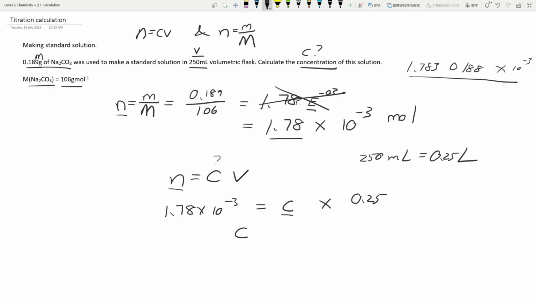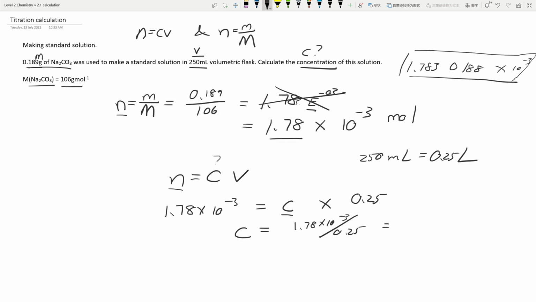So how do we calculate C? So make C the subject. That means 1.78 times 10 to the power negative 3 divided by 0.25, and then you get the answer. But if you are using a graphics calculator or any calculators you have, you don't clear your calculator. So what it means, guys, is that you need to use the entirety of the number that you got from your previous calculation.